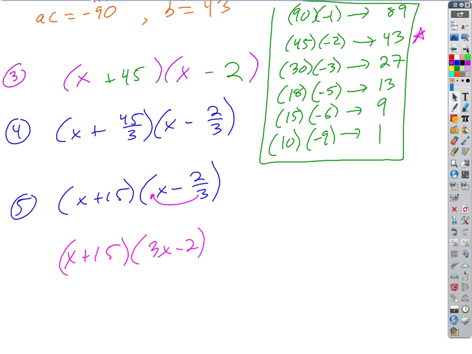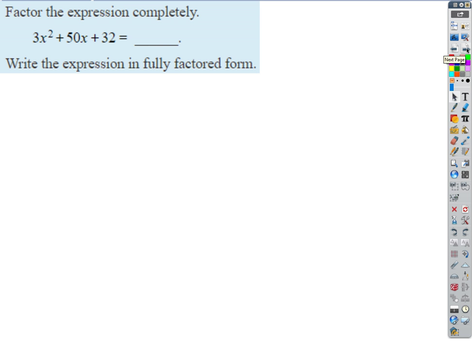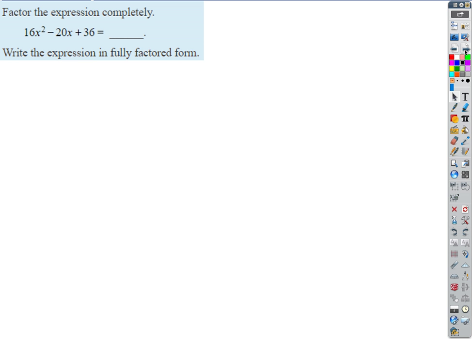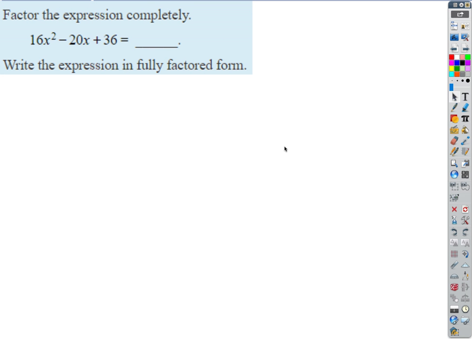Okay, let's try another one. Actually, let's skip up just a little bit. Let's try that one. Okay, what am I going to try first? Greatest common factor. Can I find one? What can I factor out? 4, it looks like.